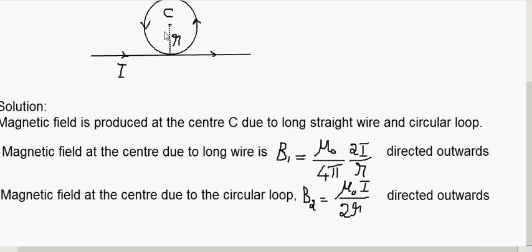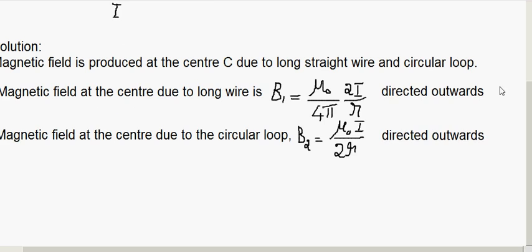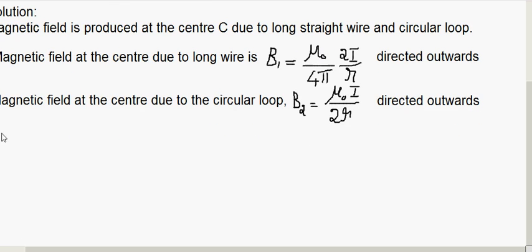Now find out the total magnetic field at the center, which is B1 plus B2, that is vector addition.